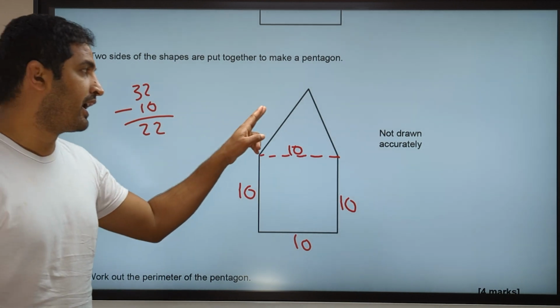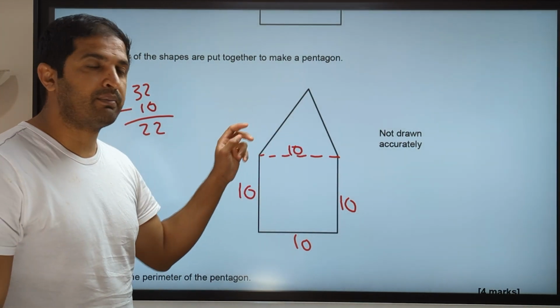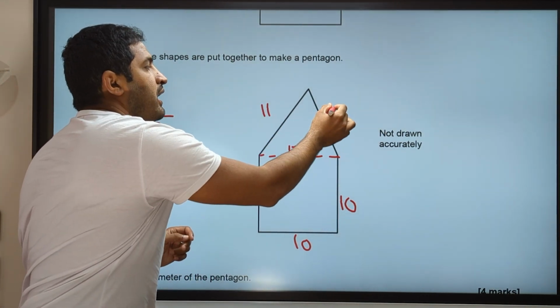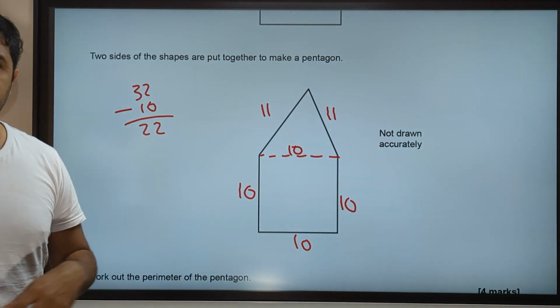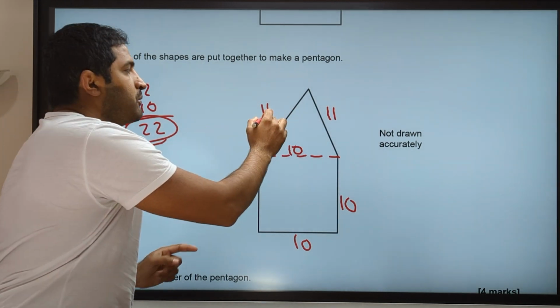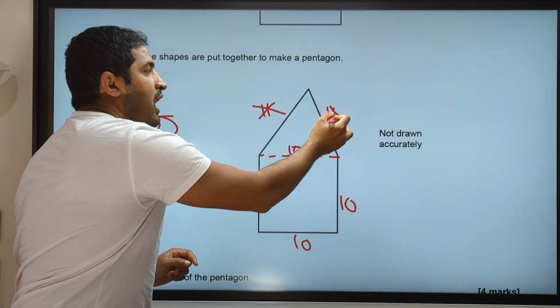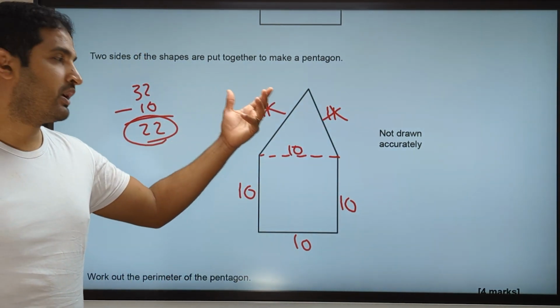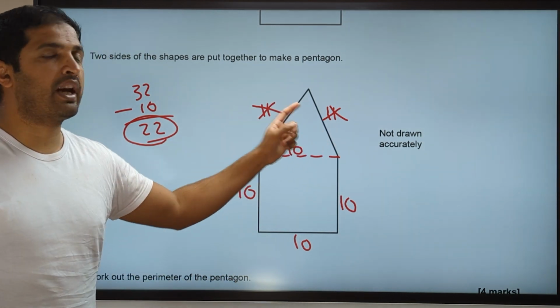Again, there's nothing that tells you that these 2 lengths are exactly the same size. So if you put 11 there and 11 there, you lose marks. You have to assume only that those 22 centimeter come from these 2 lengths, without putting this 11 and 11 there, then you don't lose marks. I've seen that question.